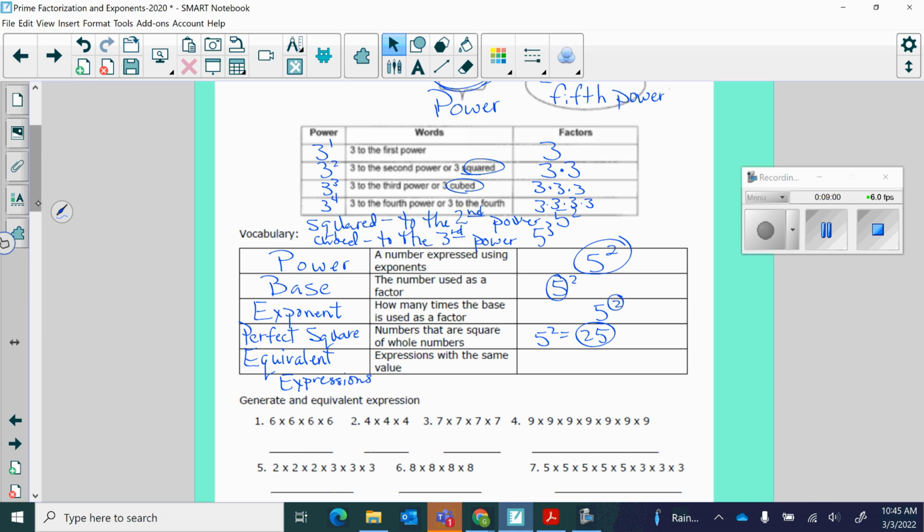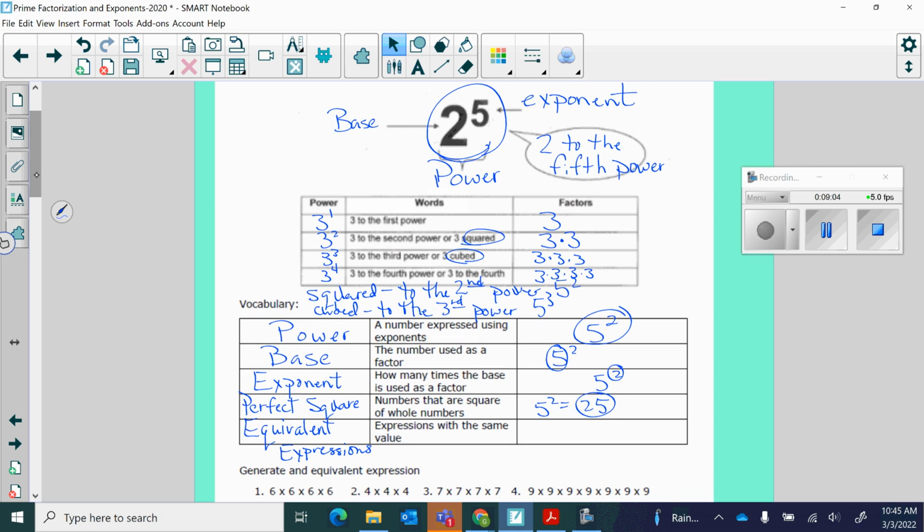So for example, 5 squared, an equivalent expression would be 5 times 5. Those are equivalent expressions.